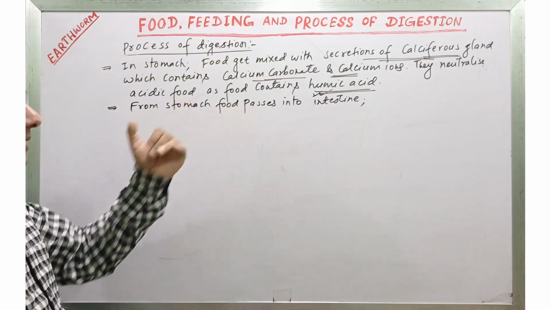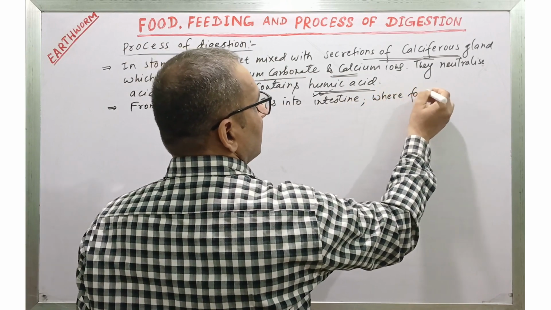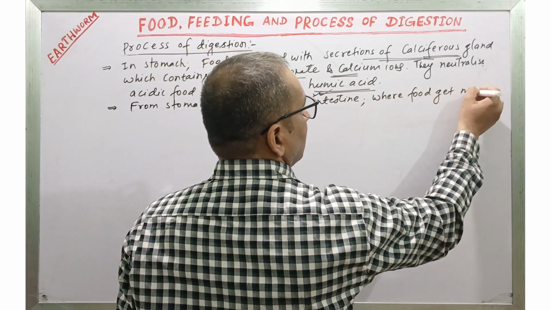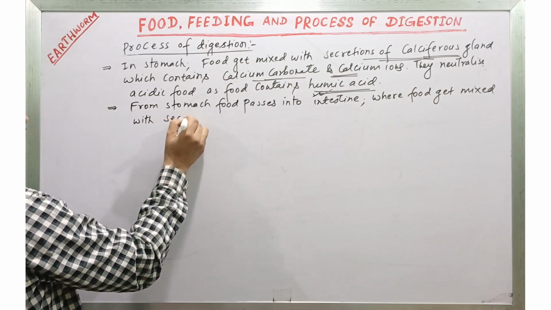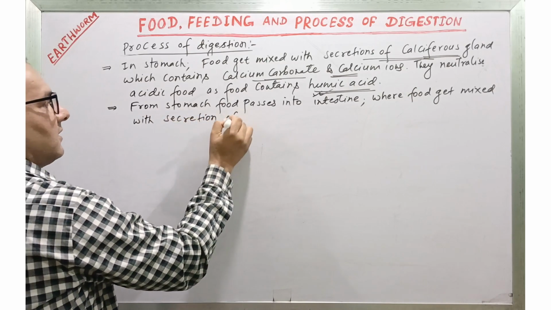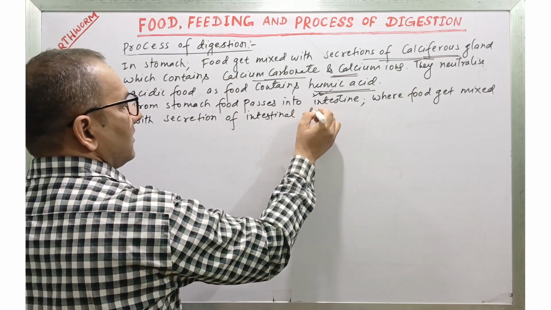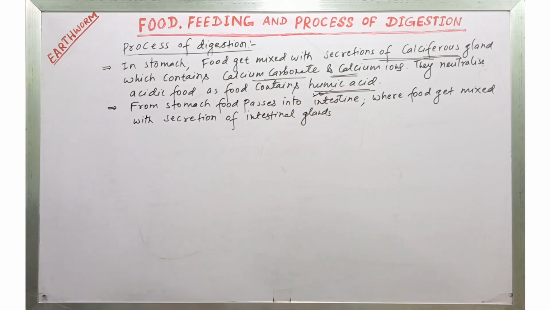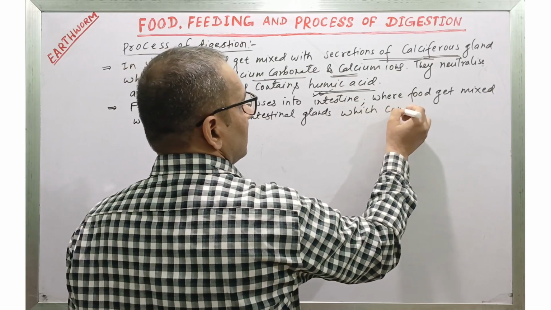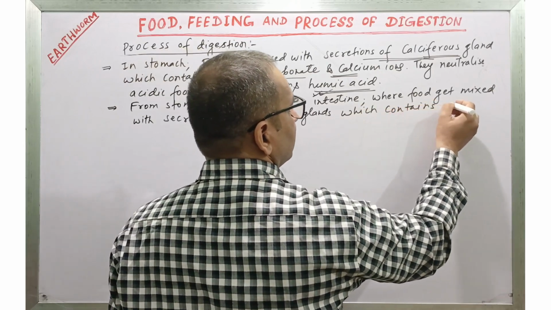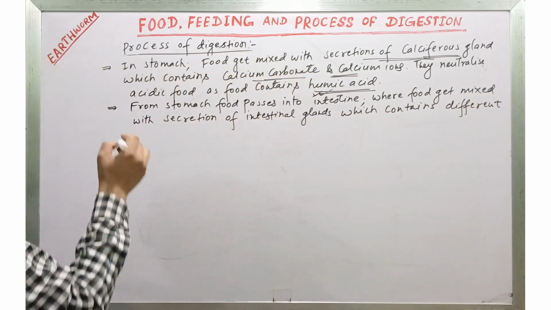Now from the stomach food passes into the intestine, where food gets mixed with the secretion of intestinal glands, which contains different digestive enzymes.